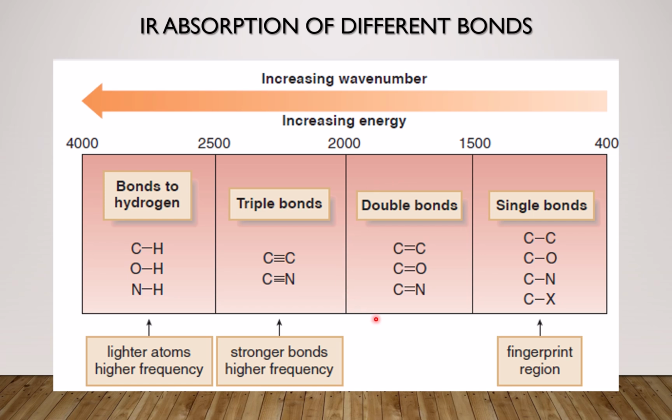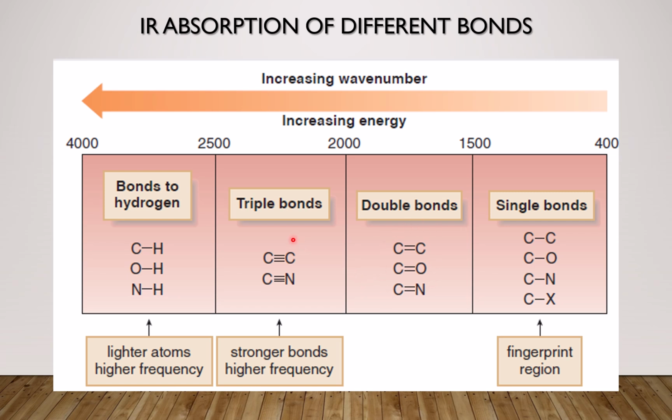Then comes the double bond region, ranging from 2000 to 1500 centimeter inverse, which is helpful in finding the presence of a double bond in the molecule. Like if you have a carbonyl group, that can very easily be detected by finding bands in this region.